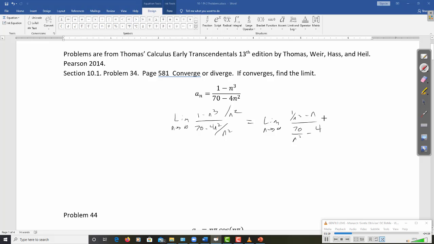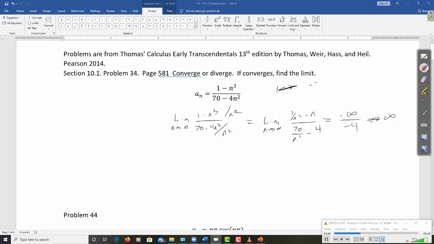So, top's going to negative infinity, bottom's going to negative 4, so this is going to positive infinity. And you get a similar result if you did L'Hopital's rule. You do 2 derivatives and it won't be indeterminate anymore. Well, you won't have to really even do more than 1 derivative.